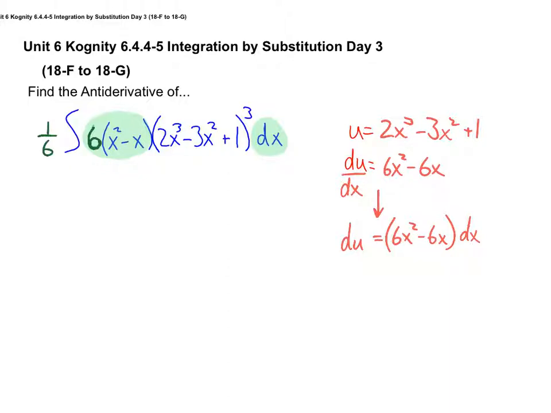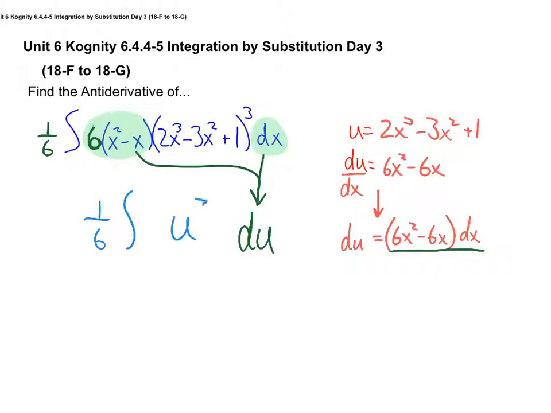Now, I can do that substitution to where this combined with all of this is du. And I have 1/6 times the integral of u to the third du. So remember, u was all of this.